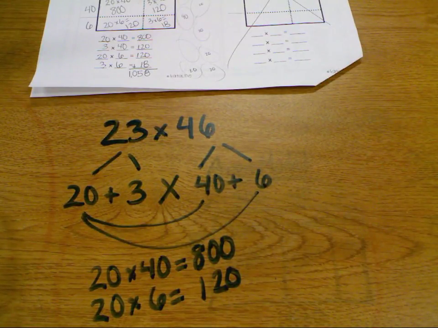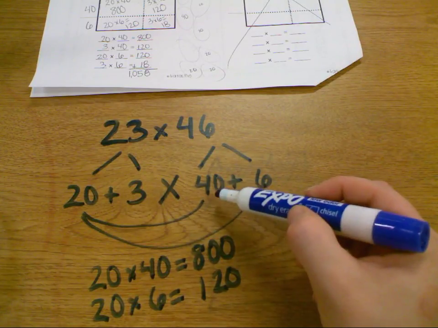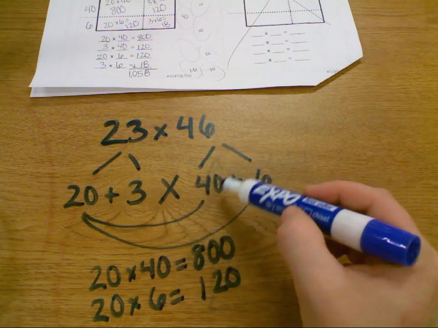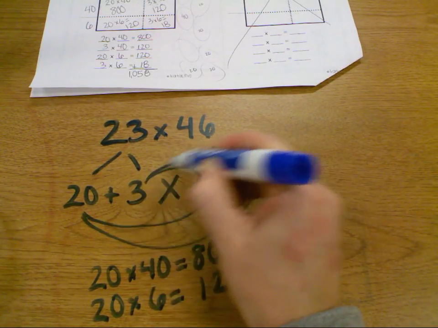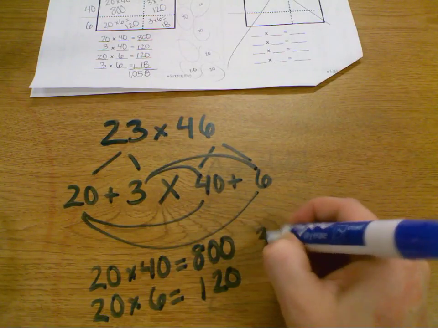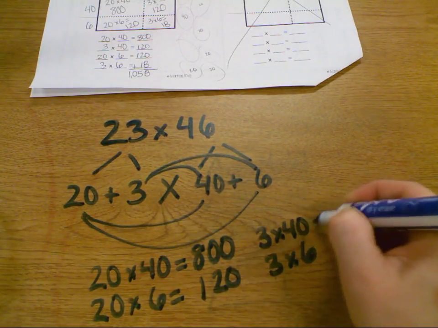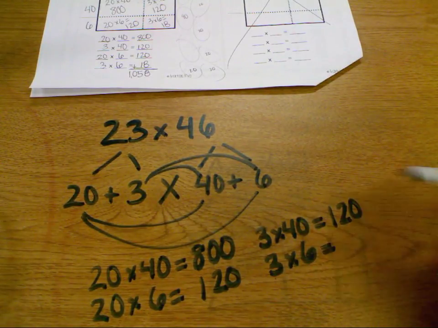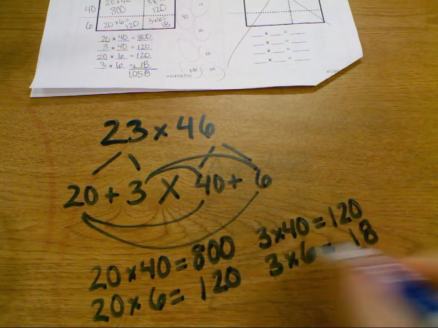Now we're going to do the second number. We need to multiply the 3 by the tens place, and multiply the 3 by the ones place. So we're doing 3 times 40 and 3 times 6. 3 times 40 equaled out to be 120. 3 times 6 equaled out to be 18. And we add those numbers all up.